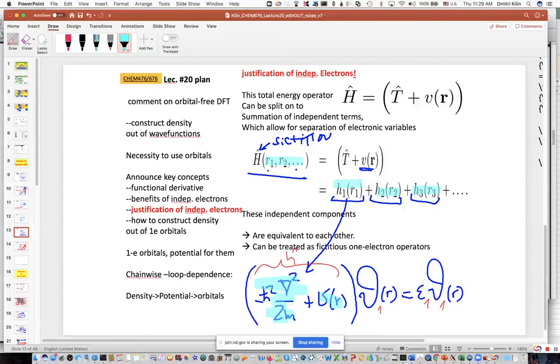So it looks like a one electron Schrödinger equation. I would like to focus your attention, maybe at an orange level, on this equation, because it will also be used in the flow chart that we need to accomplish by the end of the lecture.